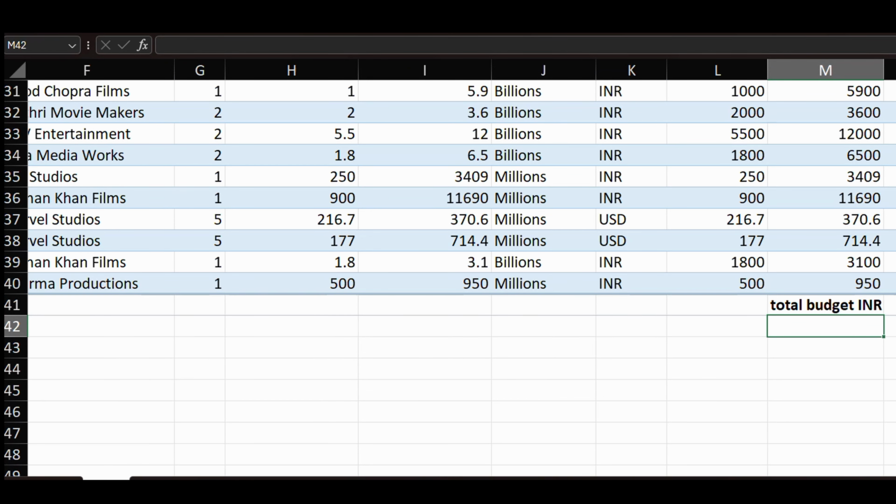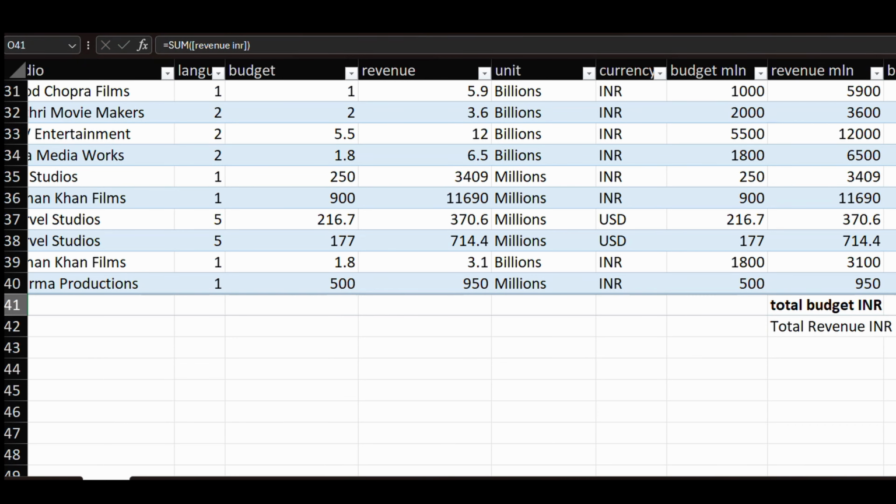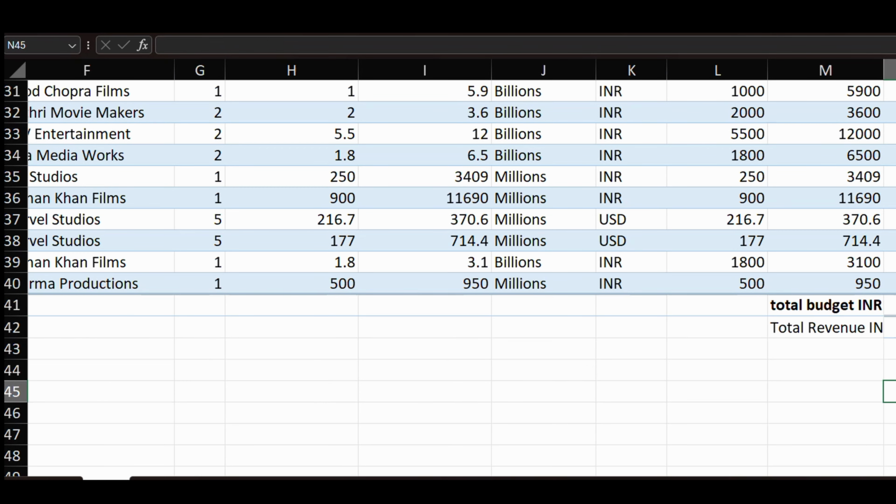Okay, so you can write revenue INR total, in total INR. Yes, we got it. So these are the two things.